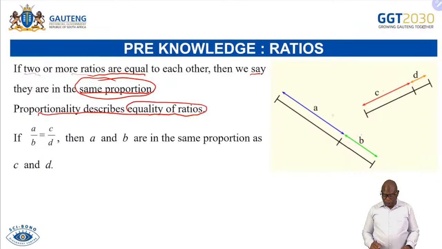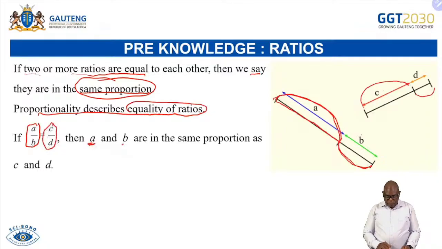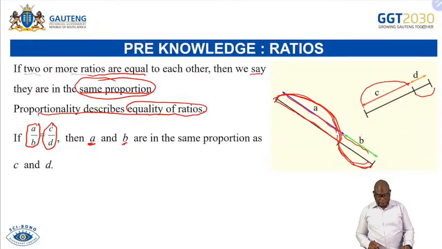So let's look at the two diagrams there. That length there is A. That length there is B. If I take A over B as my proportion, then I'll say that is equal to C over D. So A and B are in the same proportion because I said A over B, and C and D are also in the same proportion.